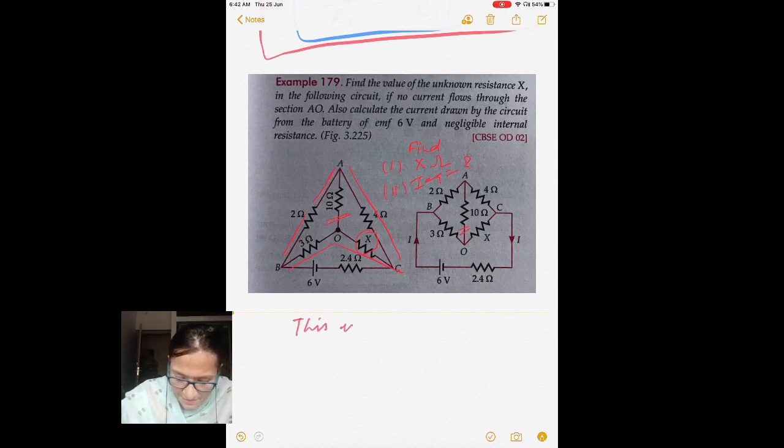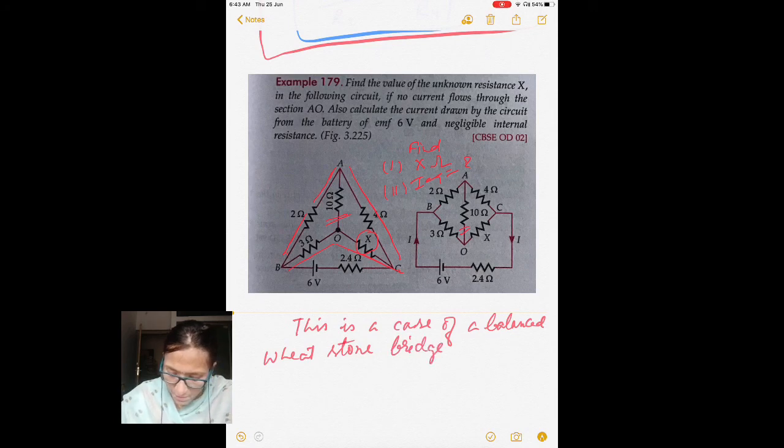This is a case of a balanced Wheatstone bridge with IAO equal to 0.